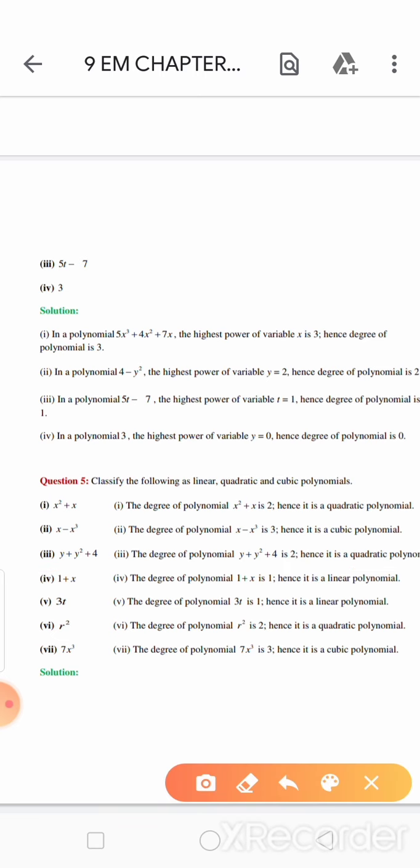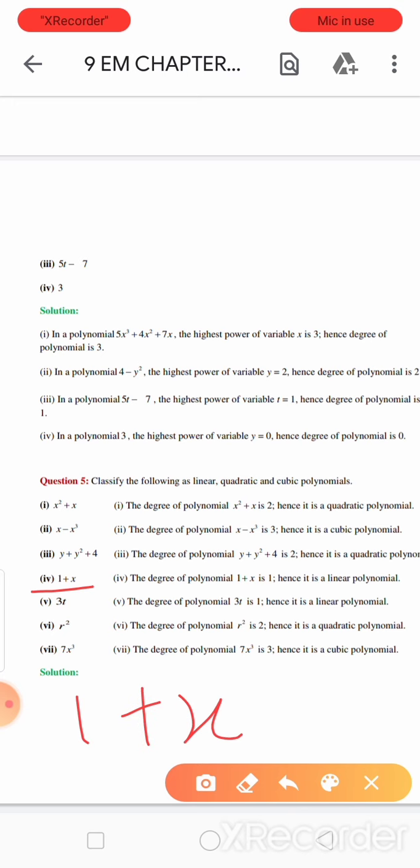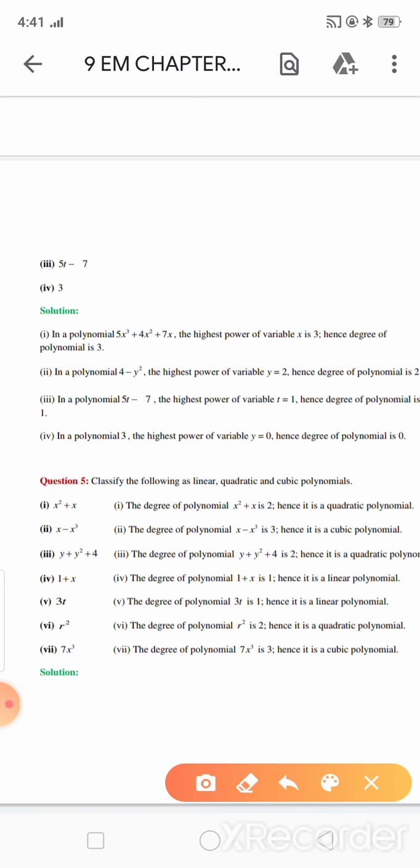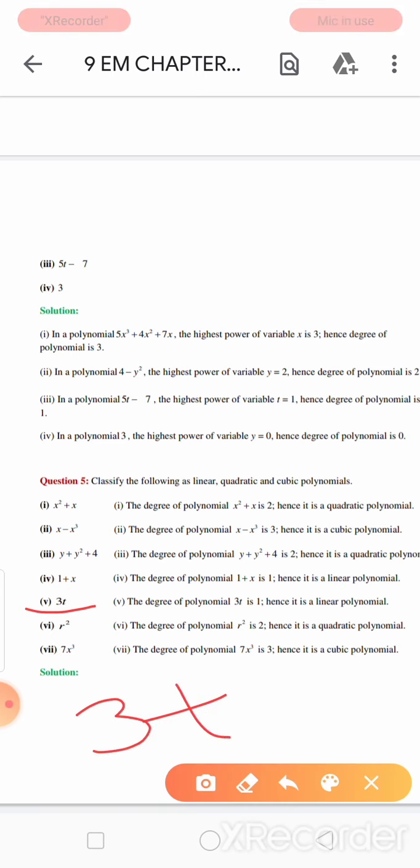Question number 4. The polynomial is 1 plus x. The highest degree of variable x is 1, so it is a linear polynomial. Next, question number 5. The polynomial is 3t. So the highest degree of variable t is 1, hence it is a linear polynomial. Question number 6.